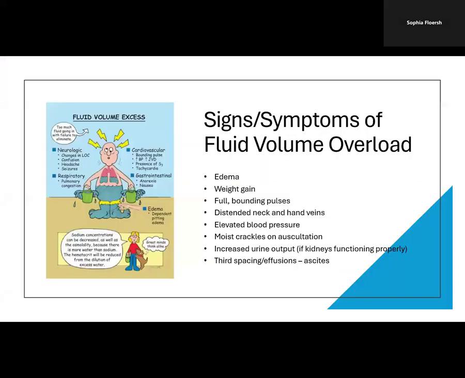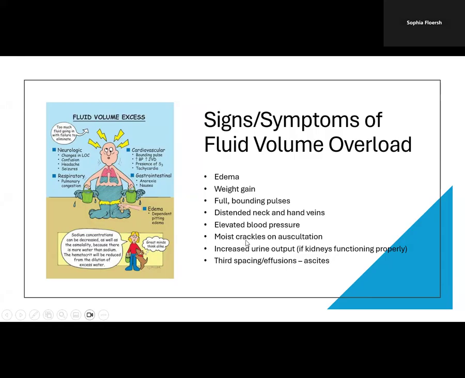So what are my signs and symptoms? Edema, weight gain, full pounding pulses, distended neck and hand veins, elevated blood pressure, moist crackles on auscultation, increased urine output, third spacing, ascites. So looking at this, what is my number one sign that I am most worried about?